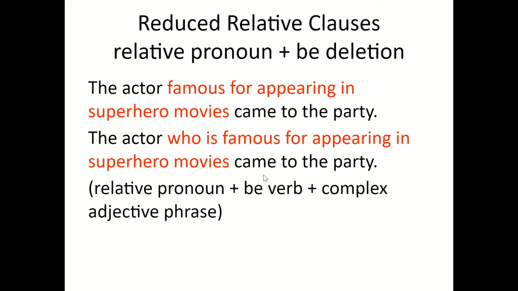So the rule here is, if there is a relative pronoun plus a be verb plus a complex adjective phrase, famous for appearing in superhero movies, so an adjective with a whole complex phrase on there, then you can delete the relative pronoun and the be verb and just go with the adjective, the actor famous for appearing in superhero movies.